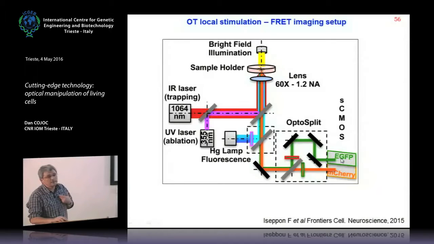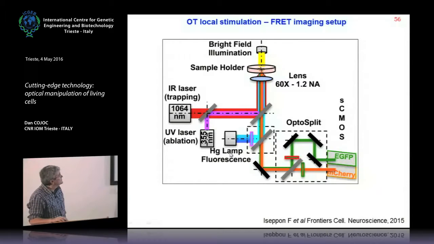And in our case, we project them on the two halves of a camera, but you can also use two different sensors. Then these two signals allow you to analyze the FRET signal, so to detect if you have FRET and when you have it. So this is the fluorescence part, then the excitation.